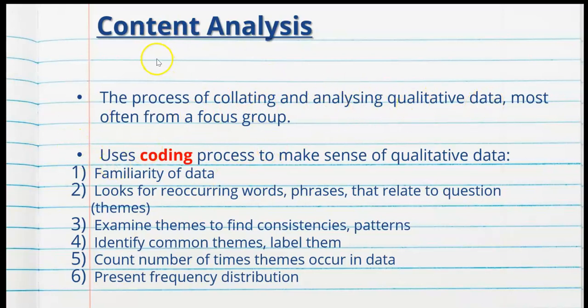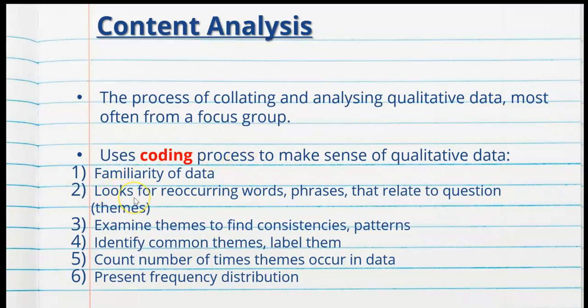This whole process of content analysis uses the coding process to make sense of qualitative data. There's a step-by-step procedure in how we do this. The first thing is becoming familiar with the data. So we read it, we reread it, we read it some more, all right, until we're very familiar with what was said in the focus groups, for example.